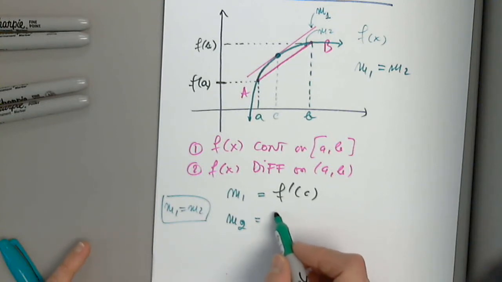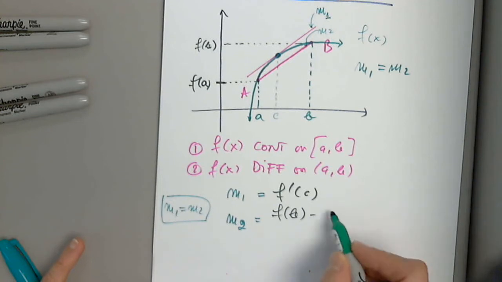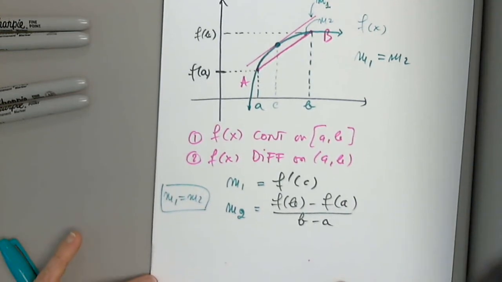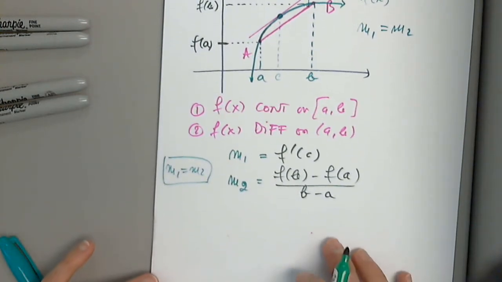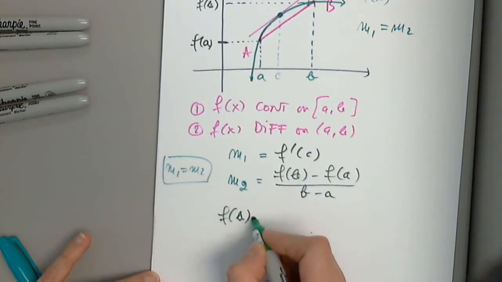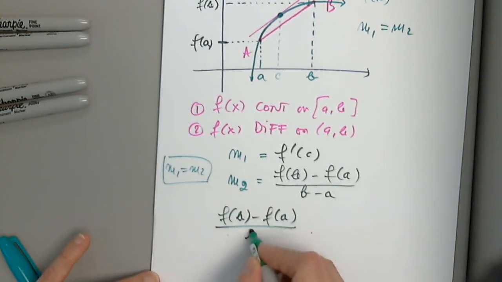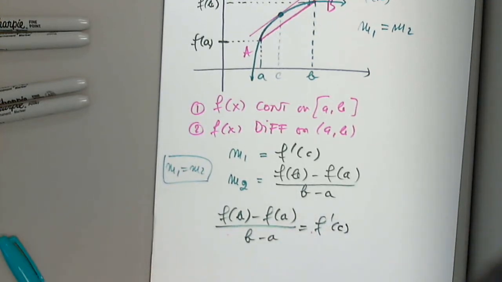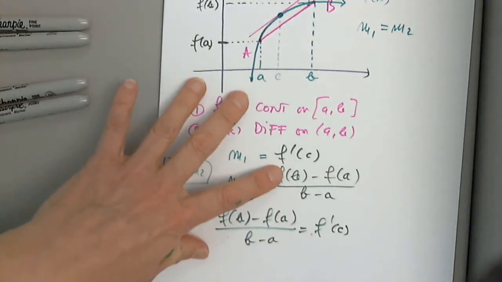Yes? f of b minus f of a over b minus a. Excellent. But we know that these two are equal. So f of b minus f of a divided by b minus a is f prime of c. This c in the interval a comma b is guaranteed by the intermediate value theorem. In short, MVT.